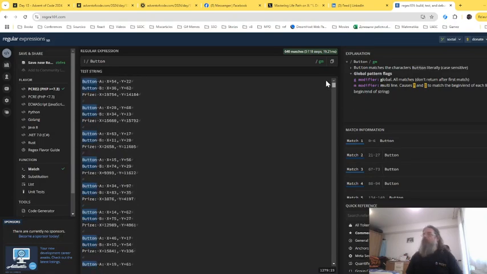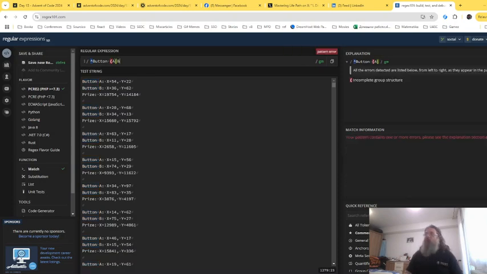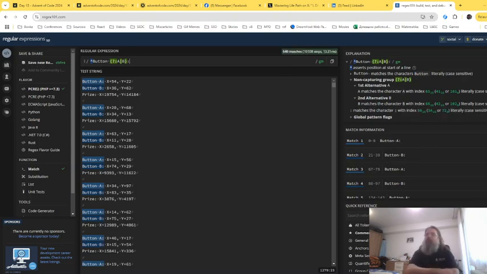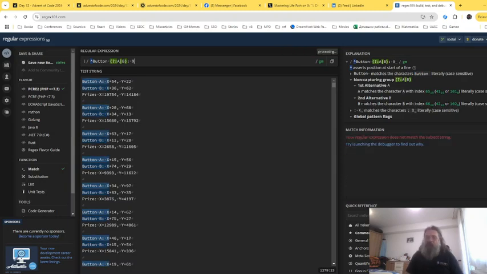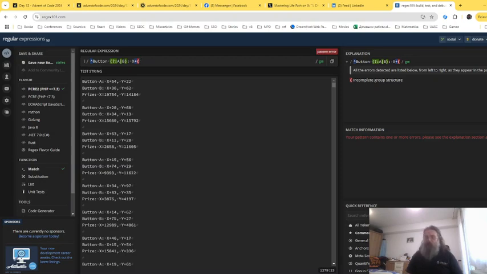So we need to match: a start of the string, then button, then A or B. We don't need that, so we can turn it into a non-capturing group, because we know whether we are matching A or B, the first line or the second line, then a space, then an X plus, and then we have what we actually need, a few digits.